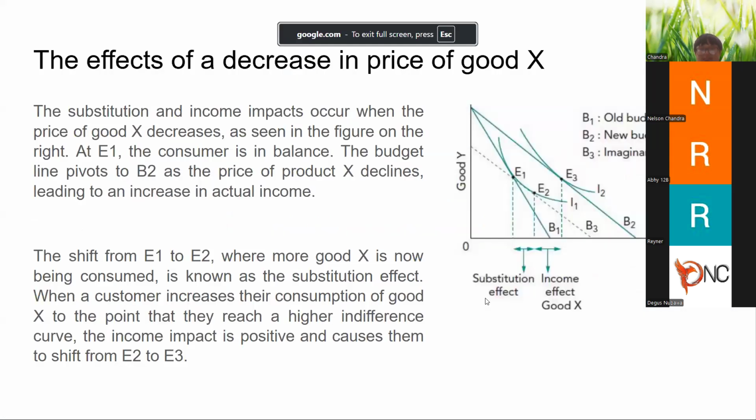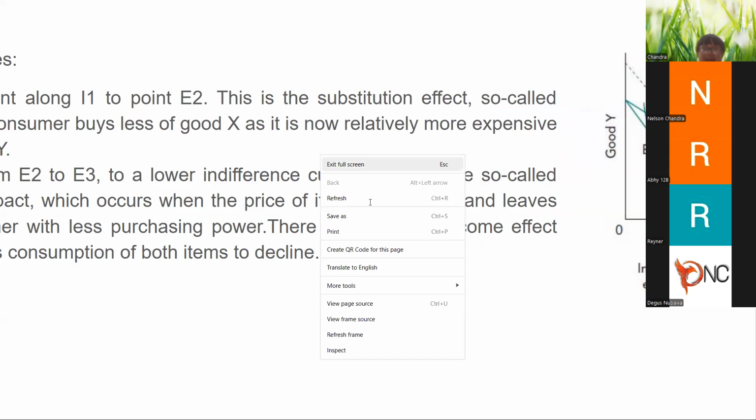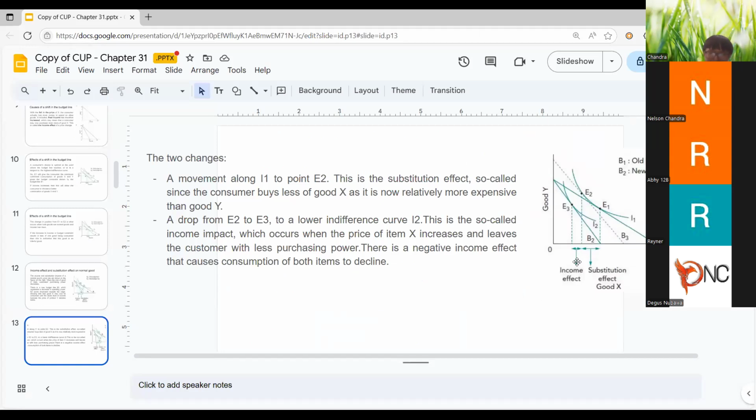Wait, Mister, can you repeat the negative income effect again? Okay, negative income effect. Why is it negative? The foundation for the income effect to be negative or positive depends on whether you have less income or more income.